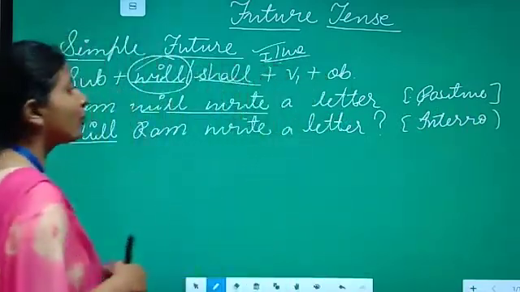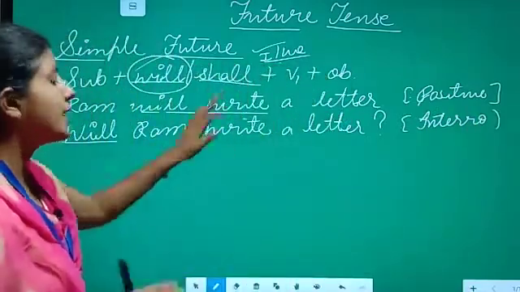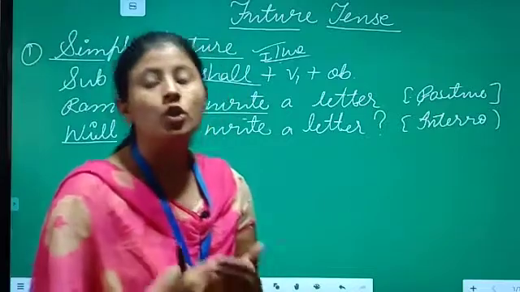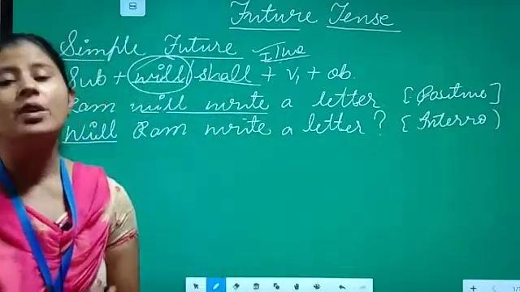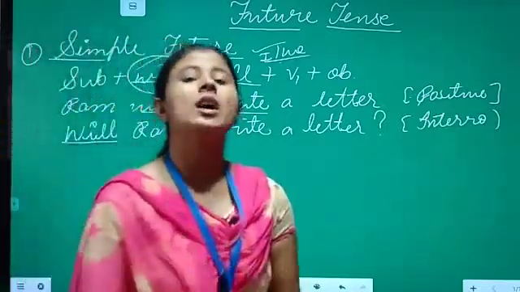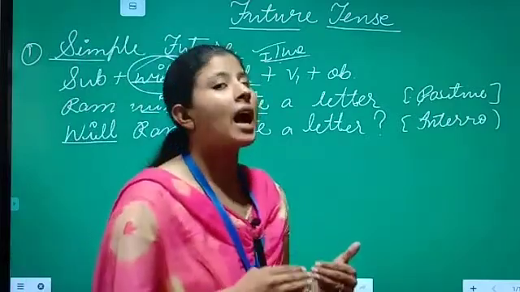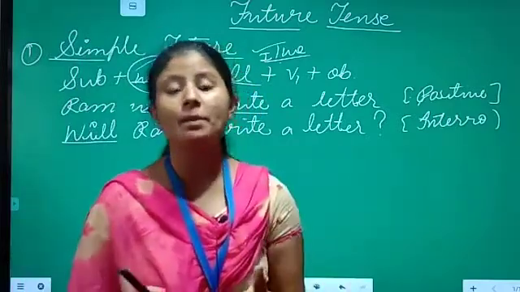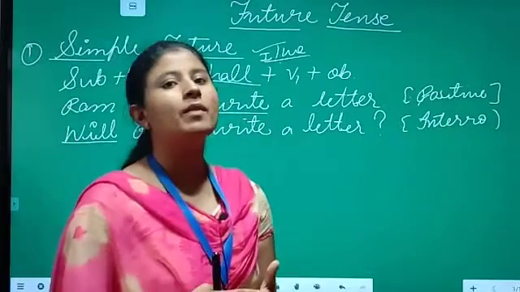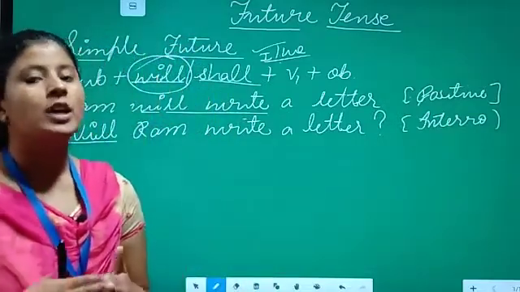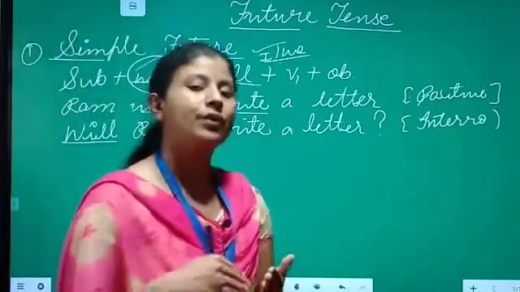Right? Now we will change this sentence into negative. To form it into negative, we just need to insert not after the helping verb. And what is the helping verb in the sentence? The helping verb is will. So we will insert not after will.